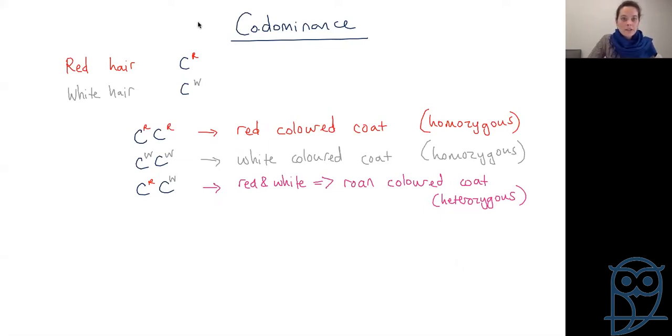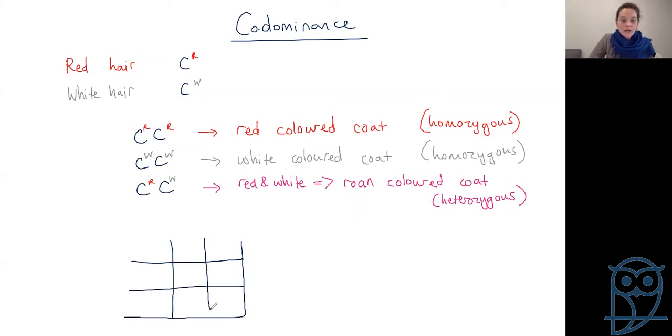Let's look at what happens if we do a cross with two roan cattle. For the fun of it, because that's our two heterozygotes, like we looked at last time. So we'd have two C's in each of these. Then we'll go back and fill in the other ones in color. So, two heterozygotes.